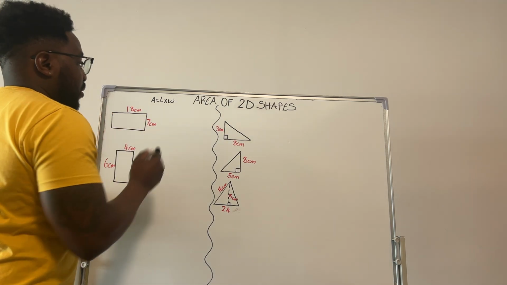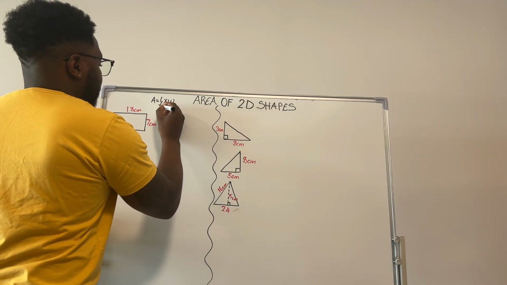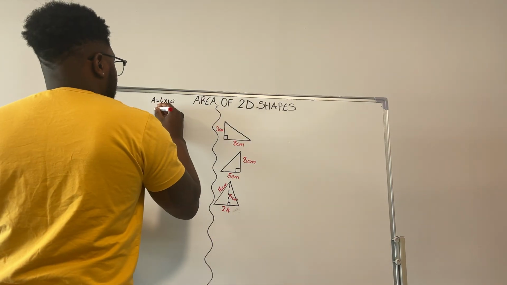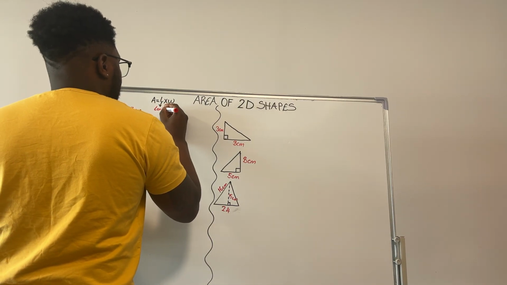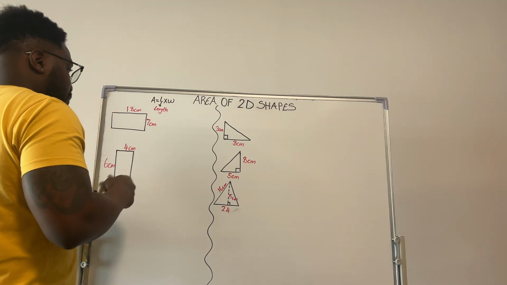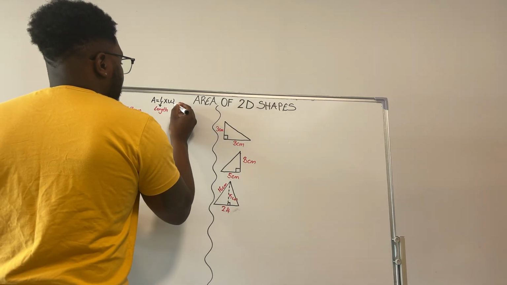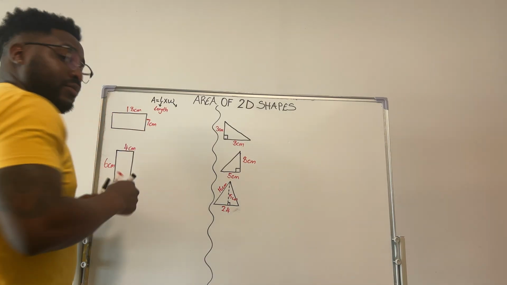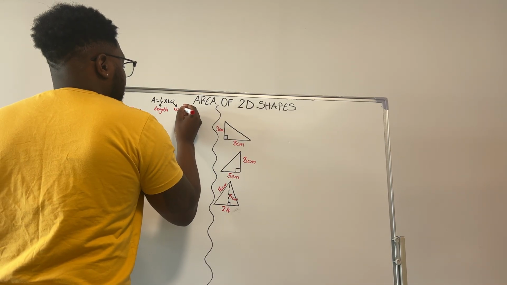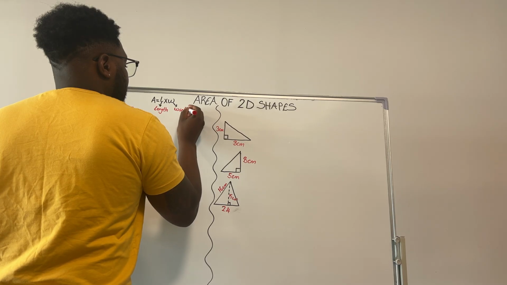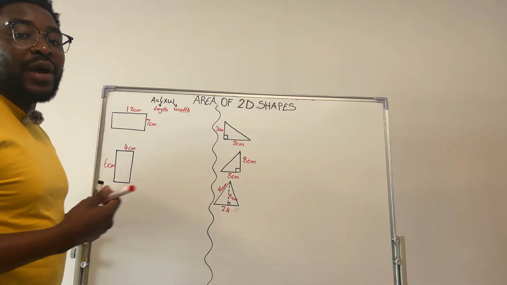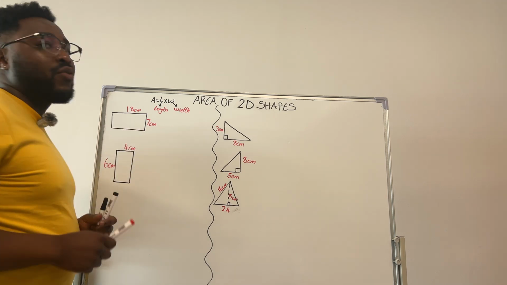So this right here is the length, and this right here is the width. Okay, so this is the formula that we use to find the area of a rectangle.